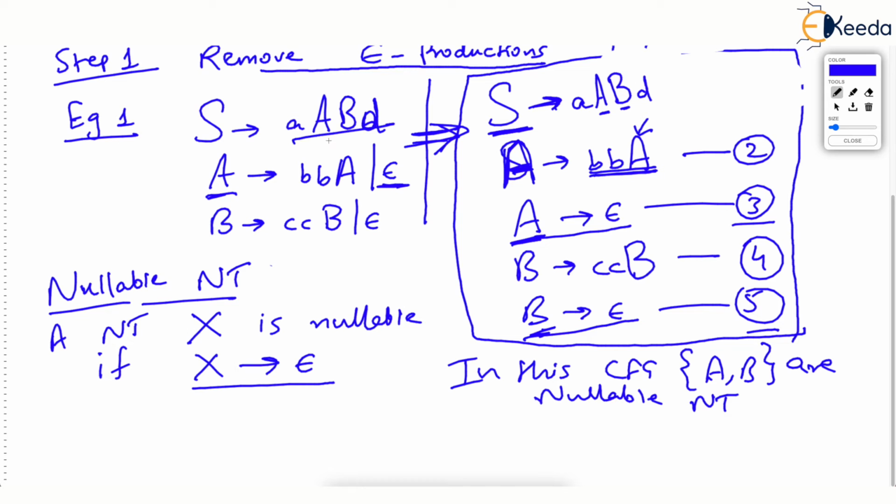Then I'll put OR, introducing one more production. Now I will write the same production without A because A is nullable, so I can remove that. So this becomes B, D.